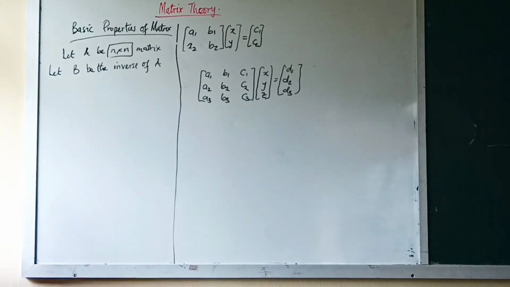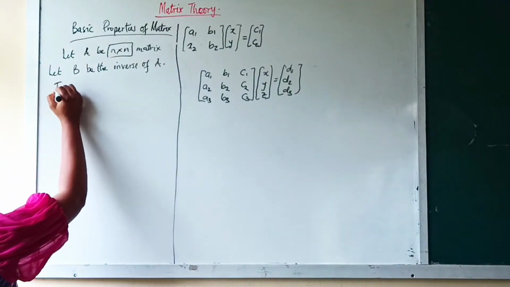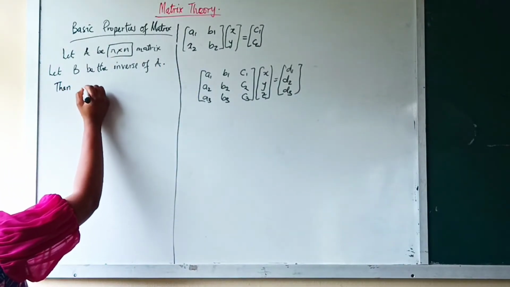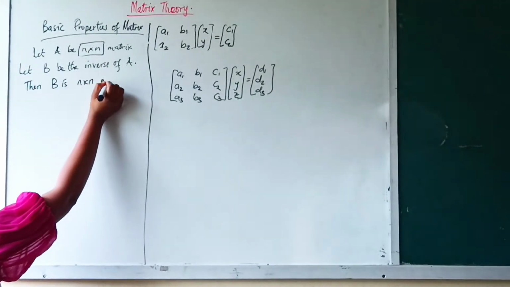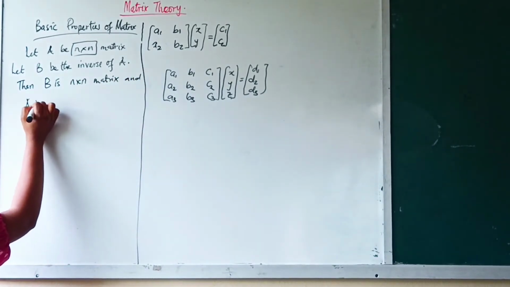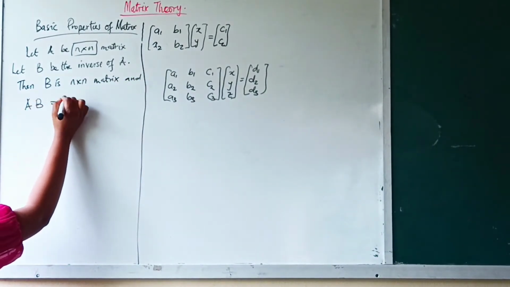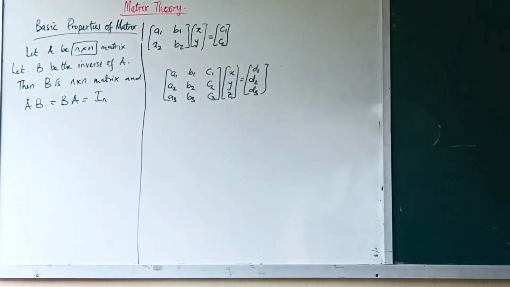So let B be the inverse of A. Then B is an n by n matrix also, and A times B is equal to B times A, which is equal to the identity n by n matrix.